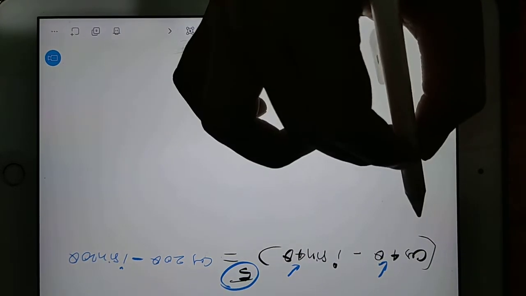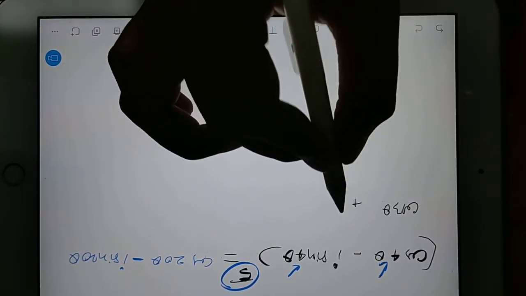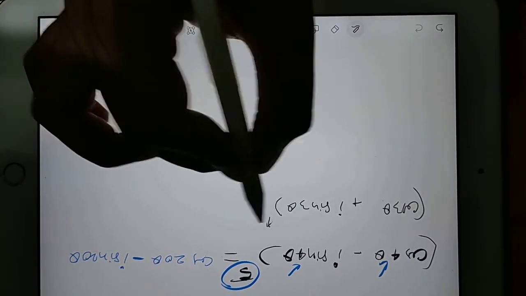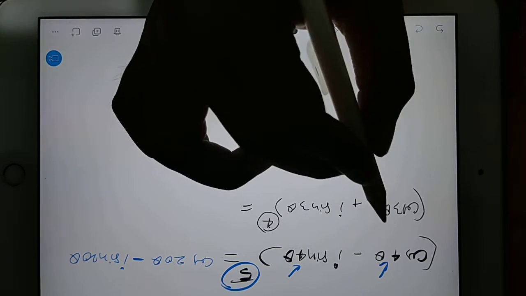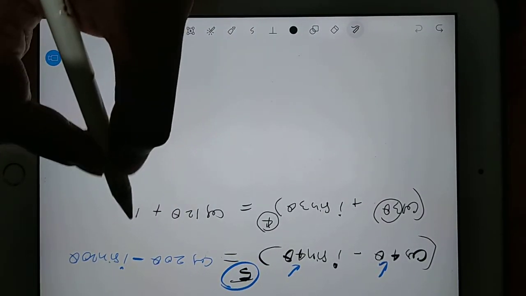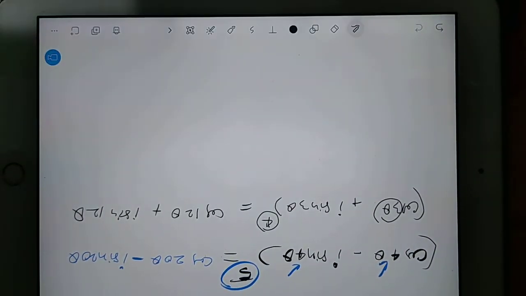Then I am writing the first bracket, that was cos 3 theta plus i sin 3 theta whole power 4. If I multiply this 4 with this 3 theta, it will be cos 12 theta, but plus sign, i sin 12 theta.